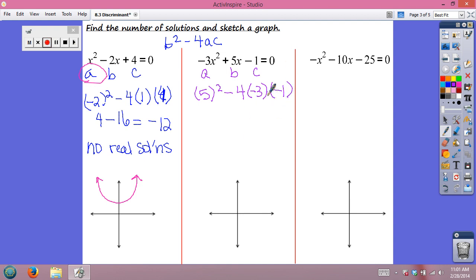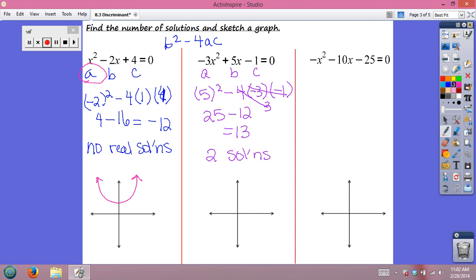So first thing we want to do here, negative 3 times negative 1 is positive 3. Negative times negative is positive, right? 4 times 3 is 12. So we have 5 squared, which is 25, minus 12, which is going to give us 13. 13 we know is a positive number, so in this equation we have two solutions.